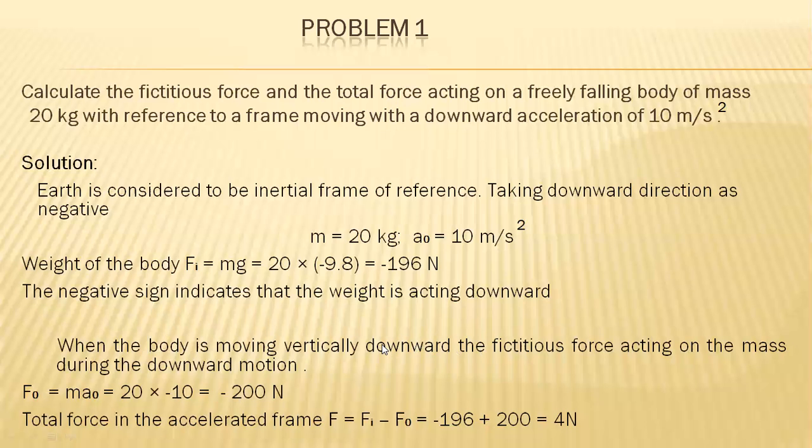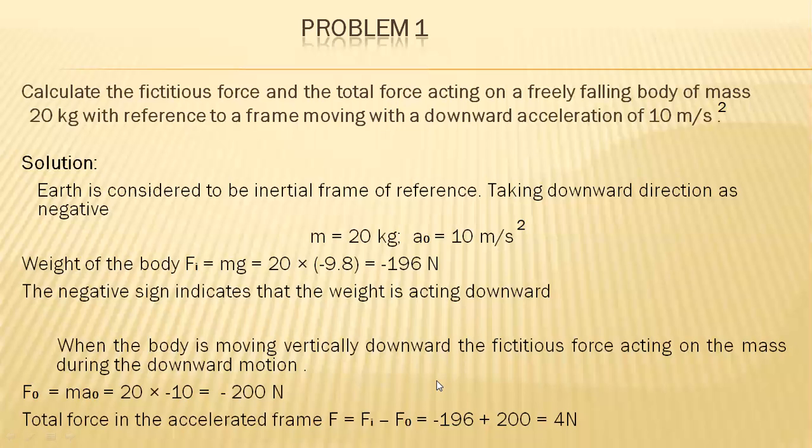That force is called fictitious force or pseudo force. The expression for the fictitious force is F naught equals m into A naught, where A naught is the acceleration of the frame of reference. So 20 into minus 10, because downward direction is negative, gives minus 200 Newton.